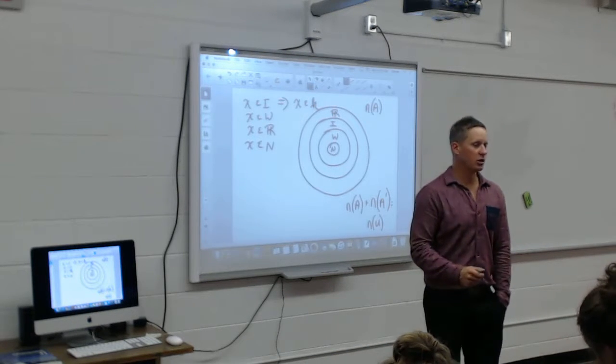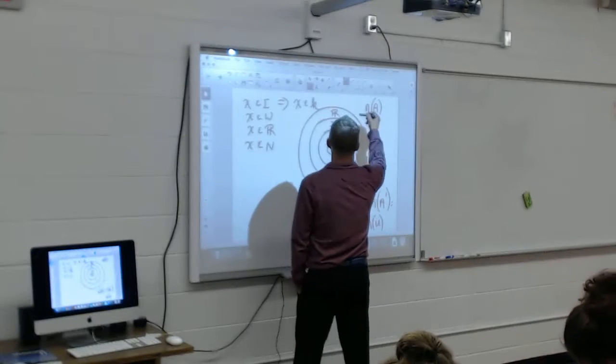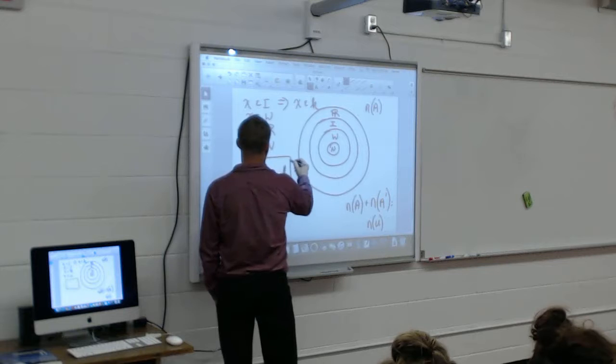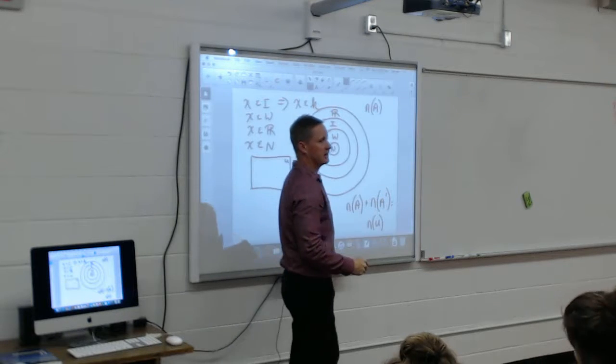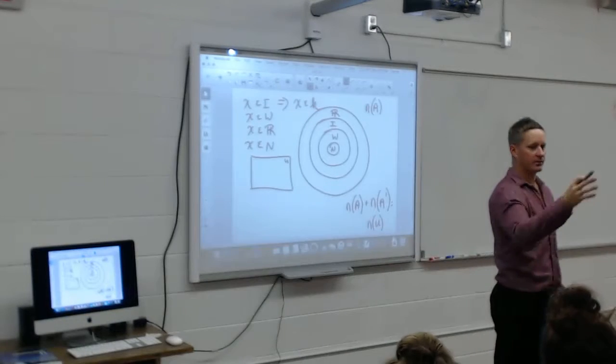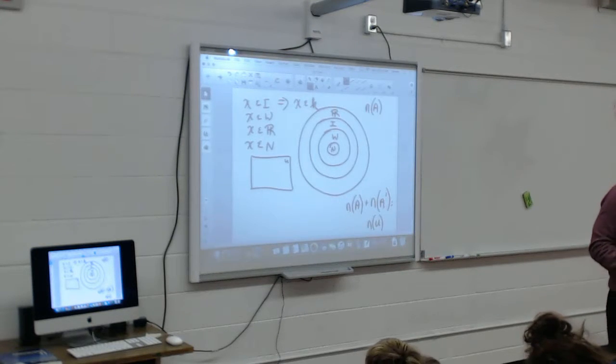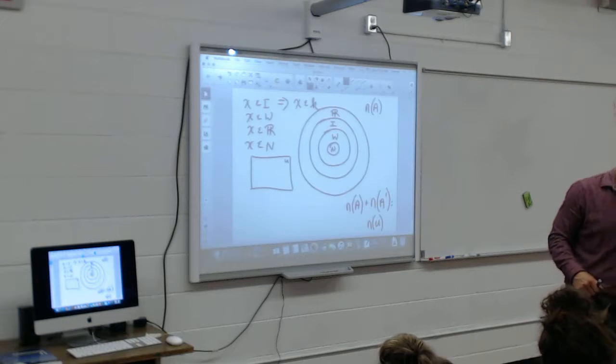Okay? So to show the universe, they use a square for it. So it looks something like this. And then they just put a U in it. And that's just saying that's everything that's in all the sets and not in all the sets. That's what that is. Okay? So we'll look at an example of this in a second.